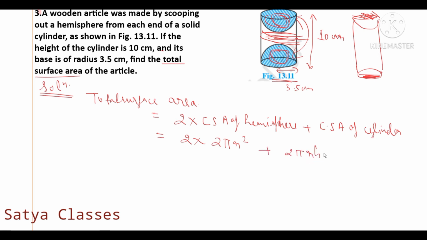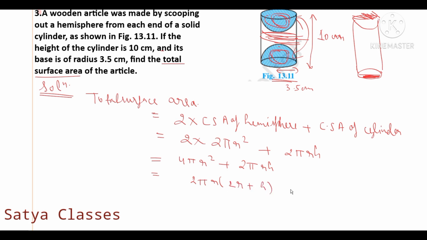These are the two formulas, and as I said earlier, it will become a sphere, so 4 pi r square is the surface area of a sphere. Nothing to worry about. Let's put the values here. But before putting the values, take common. Taking common is a good habit, as I said earlier. Let's take 2 pi r as common. So 2 pi r will be common here, and we are left with 2r plus h.